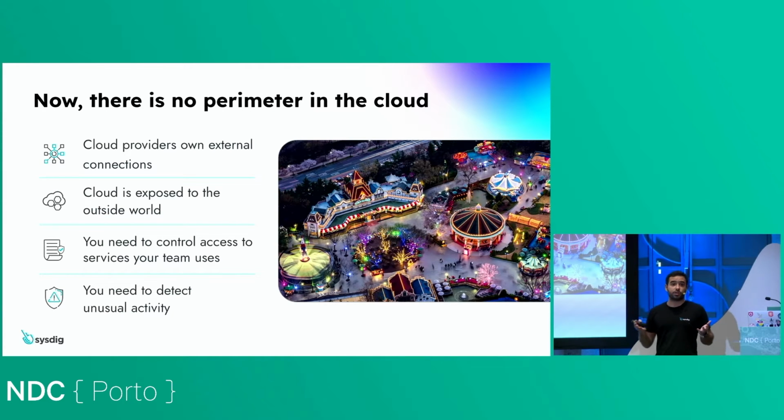Cloud emerged, microservices are there. And we can think about things nowadays more like a wonder park, right? You have a lot of services all over. You have things communicating with each other. And now you don't want to block a service from accessing another one. You want things to be moving around. Networks are very dynamic. So you need to be paying attention to what's happening without blocking, without interrupting a service, because that costs a lot of money.